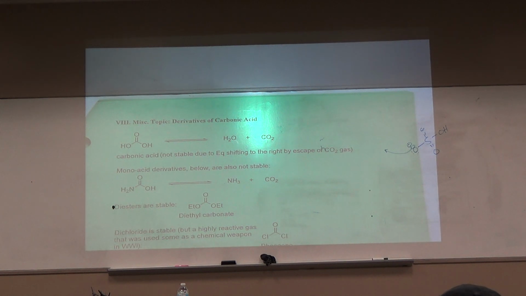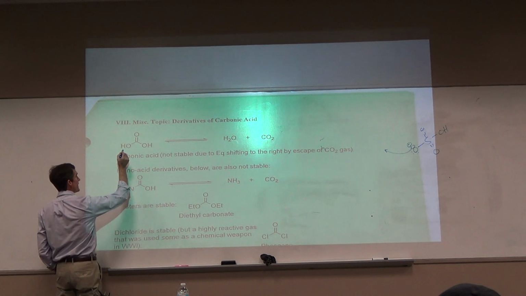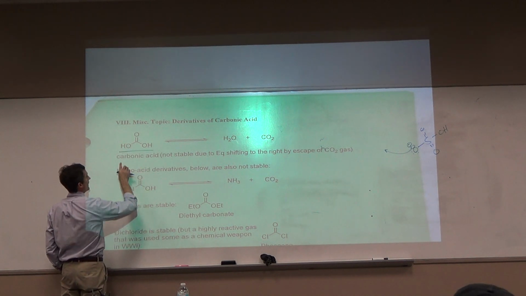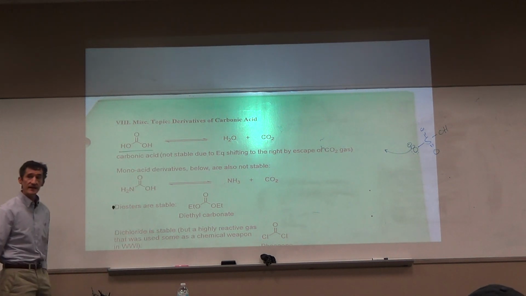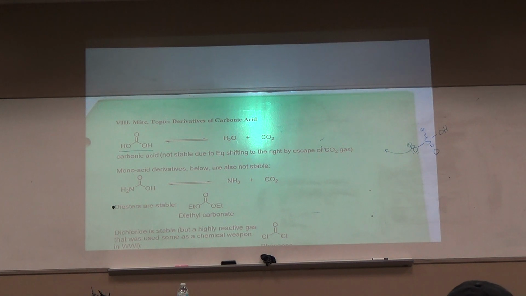Miscellaneous topics here. You know this molecule here? Carbonic acid. Kind of looks like a double carboxylic acid. All right? Well, it's not a carboxylic acid. It's not a carboxylic acid derivative.